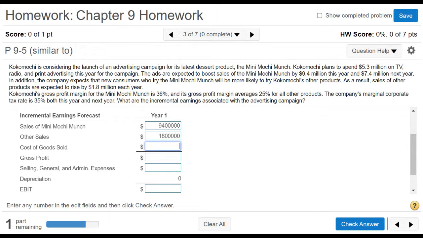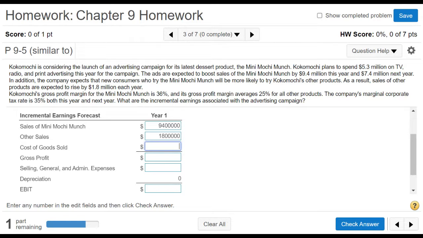Tell me, we're going to say 1 minus 0.36. So 0.64, I'm going to write it down. You guys got to help me. 0.64 times 9,400,000. What is that? That's going to be 6,016,000.